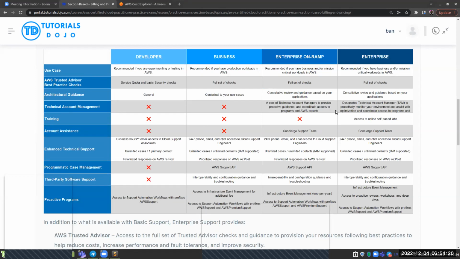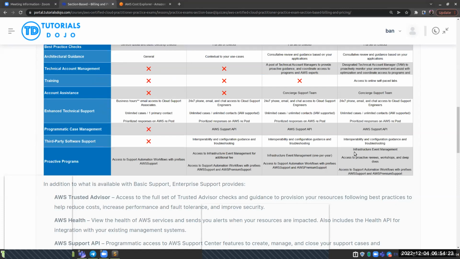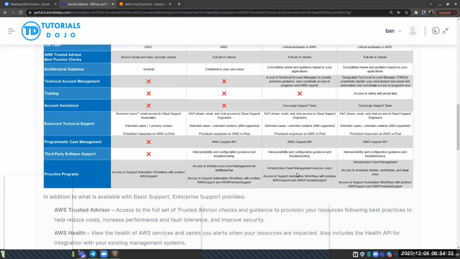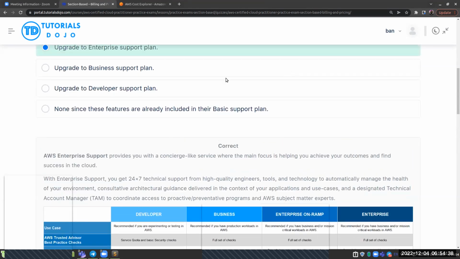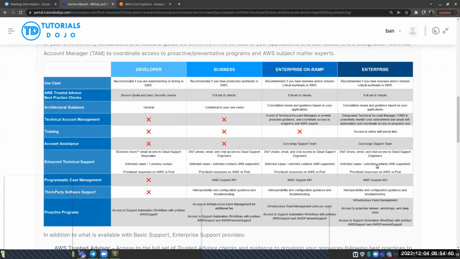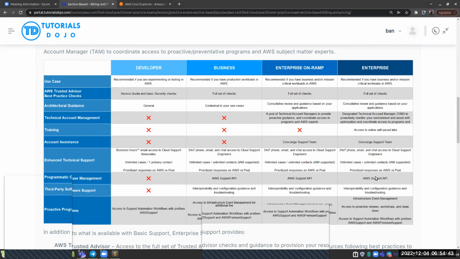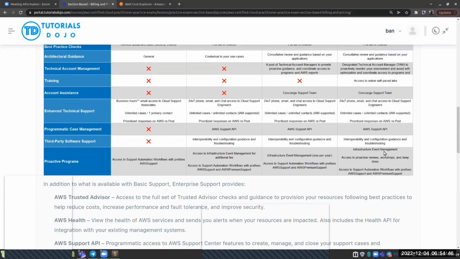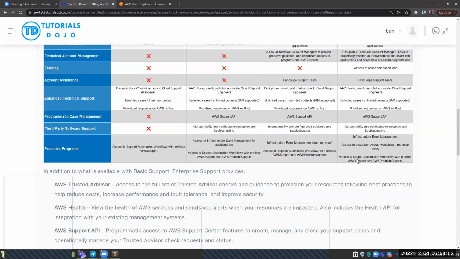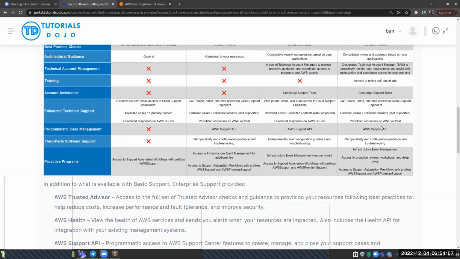If you look at this table, it is the only one that includes infrastructure event management, once per year. That was the key point that distinguishes it.